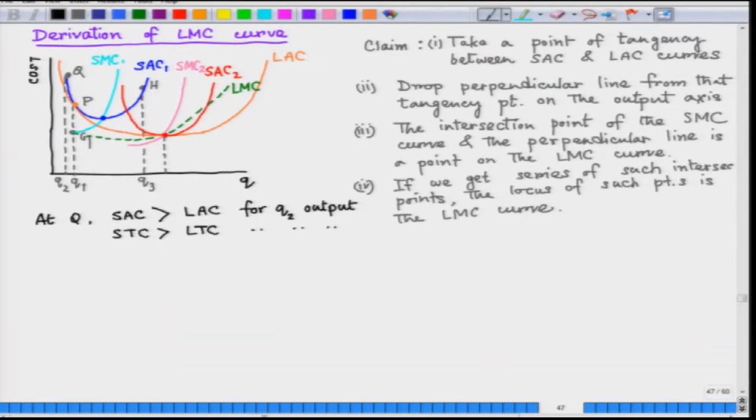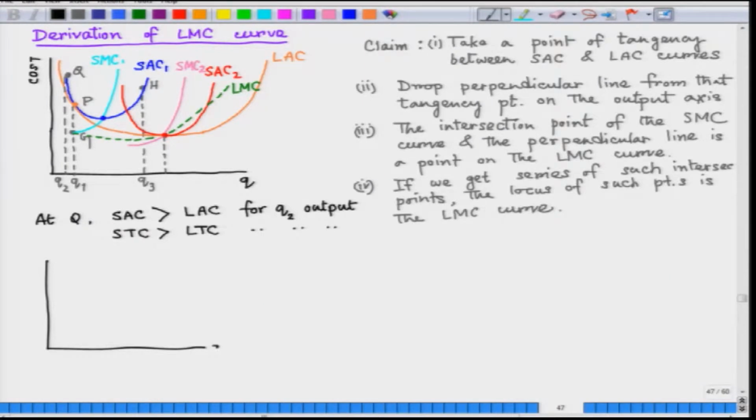Now let us look at what that means in terms of the total cost diagram. So I will now draw another diagram which will probably be a recap of our cost analysis, but now this is necessary.